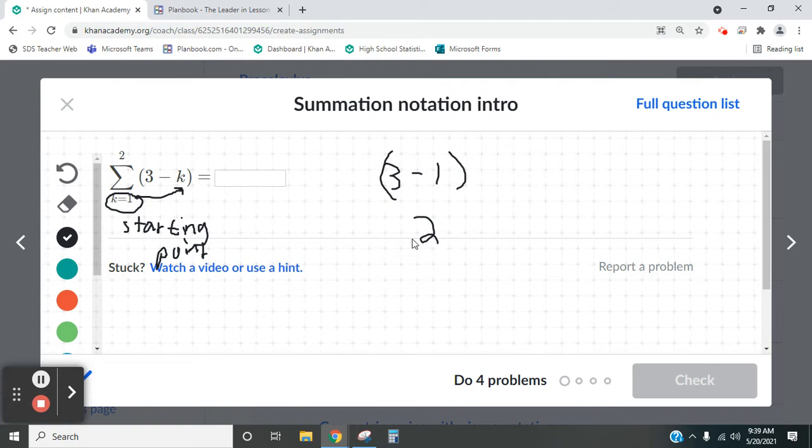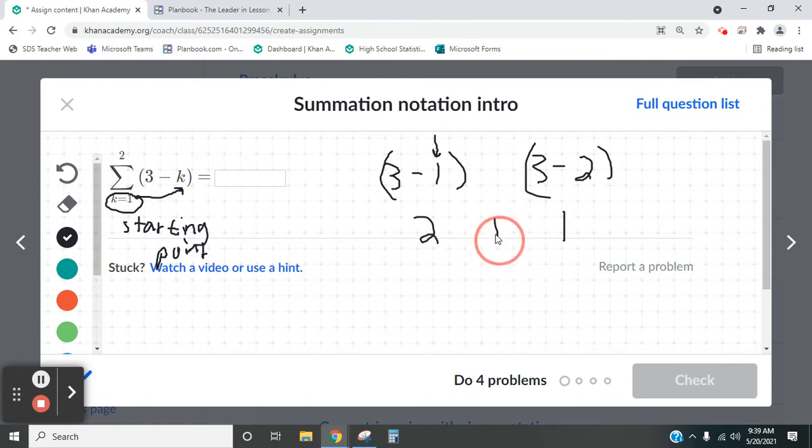And then we just go up to the next term in the sequence. So the next term after the first term would be the second term, right? Okay, so now we keep going up. This is the number we plugged in. We started with 1. Now we're going to plug in 2. And we get 1, right? And what are we going to do with these?